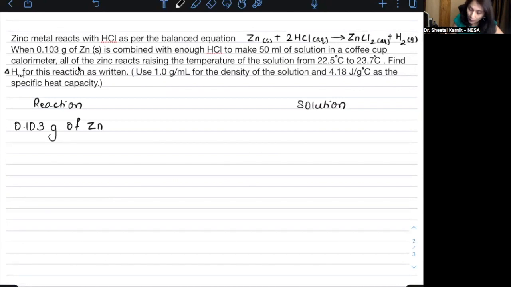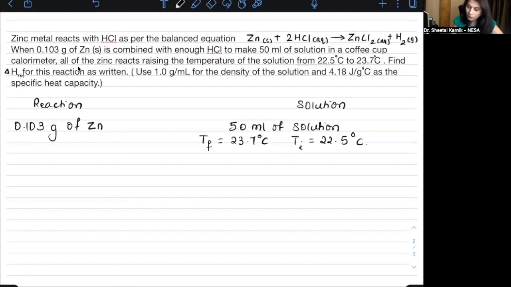As we know, 50 milliliters of solution is the surrounding. All of the zinc reacts, raising the temperature of the solution from 22.5 degrees to 23.7 degrees. So the final temperature of the solution is 23.7 degrees, and the initial temperature is 22.5 degrees.